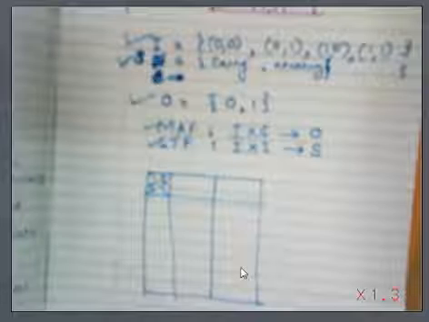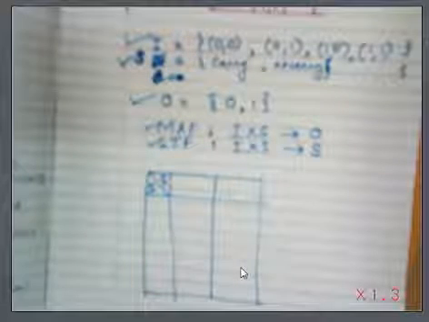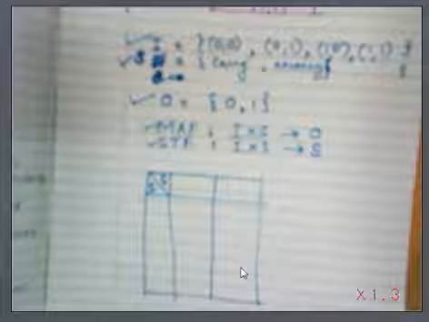Now we are interested in making the tables. So how to make this table? As I have told you, it will be a two-dimensional table. Our rows are representing input and our columns are representing the states.